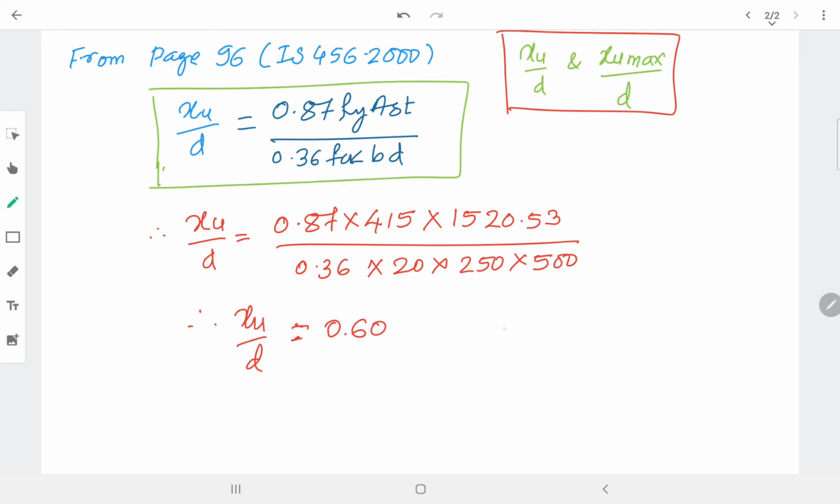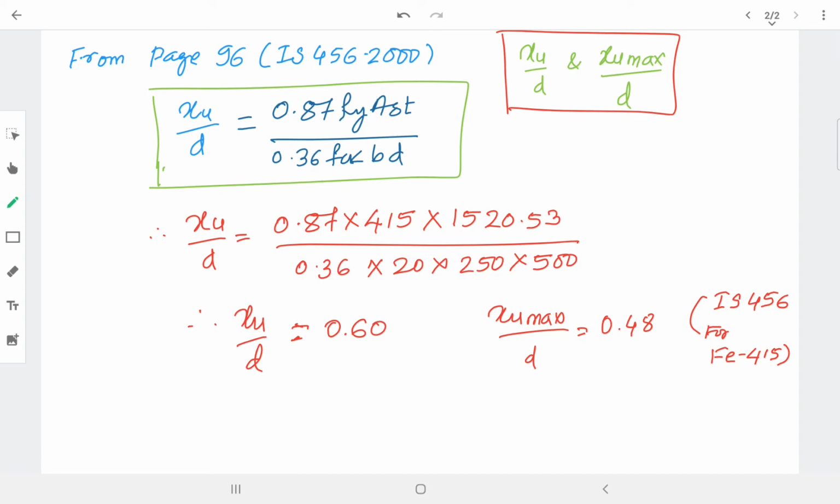Now Xu max by d, when you check the code, especially page number 70, for Fe 415 grade steel from IS 456, the Xu max by d value is 0.48.